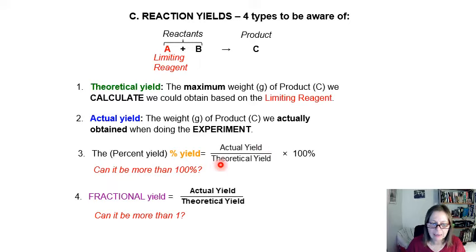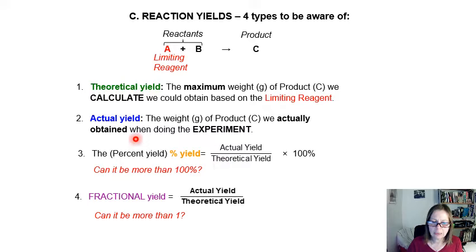The percent yield cannot be more than 100%. The fractional yield cannot be more than 1 because the actual yield cannot be greater than the theoretical yield. You cannot get more product than the maximum amount of product you calculated from your limiting reagent.